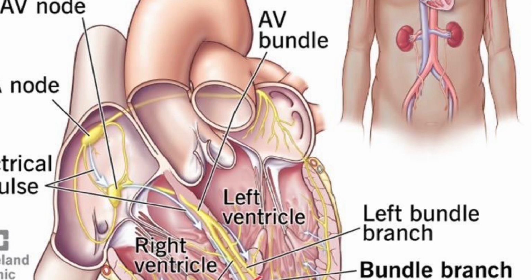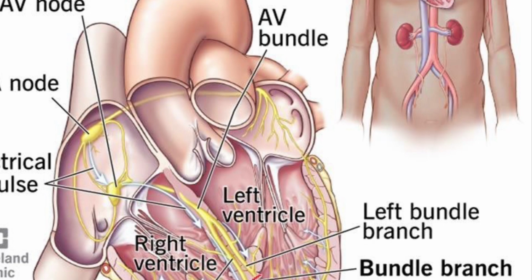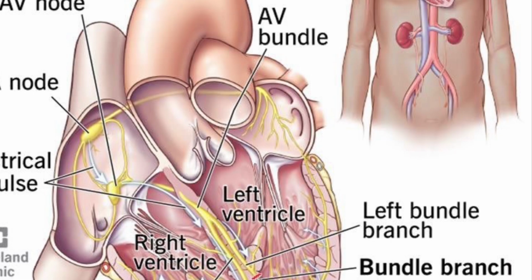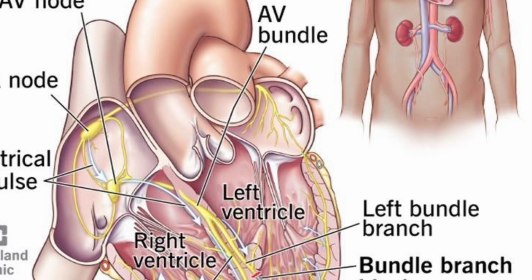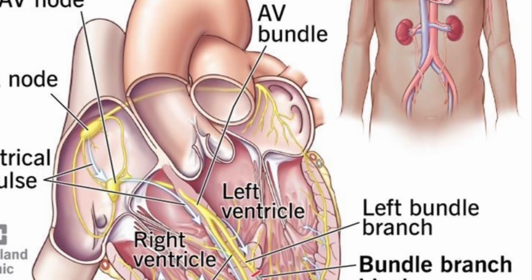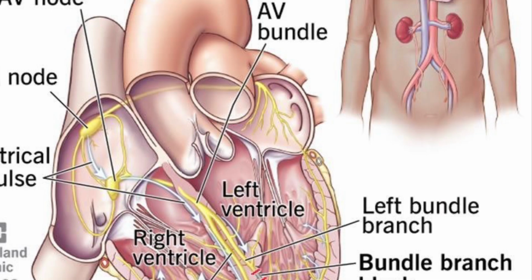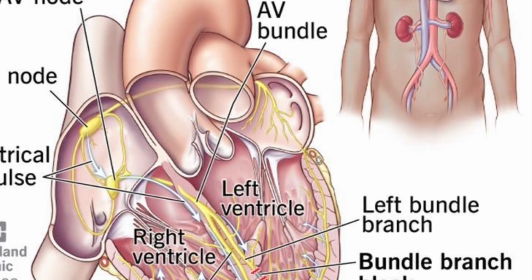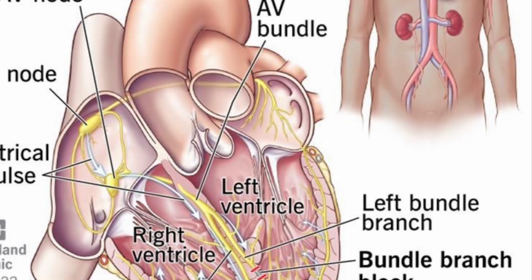So we always want to draw troponins and CKMBs as serial lab draws. We're going to do it every 6 hours or every 8 hours times 2 or 3 draws, because we want to see it peak, and then we want to see it start trending down. It's really fun when your lab calls you to say, you have a troponin of 50.